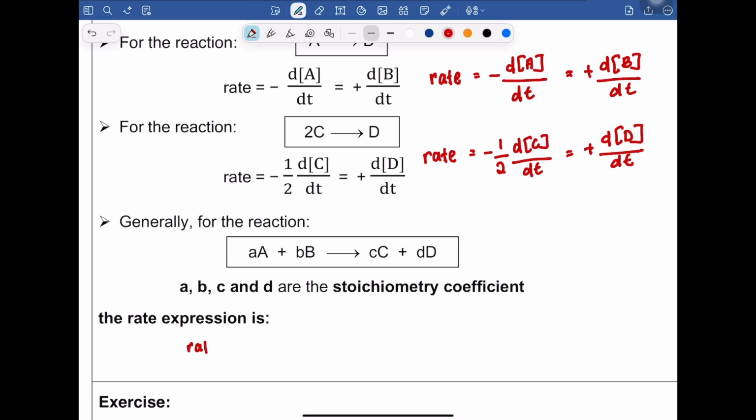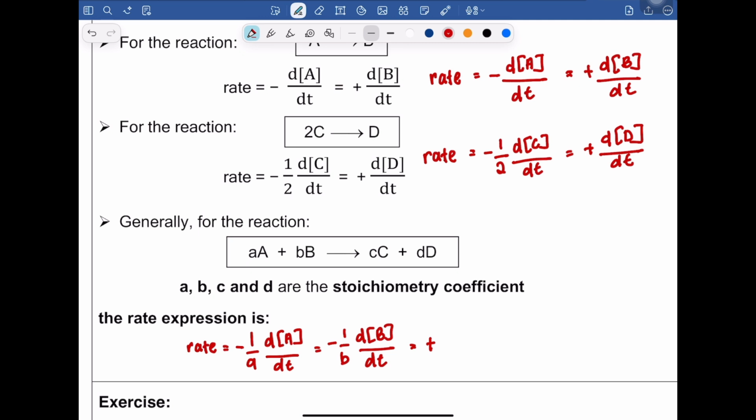We are going to write it as rate equals negative 1 over a d[A] over dt, equals, B is still a reactant, so the sign should be negative 1 over b d[B] over dt, equals, now C is the product, so you have to put the positive sign.